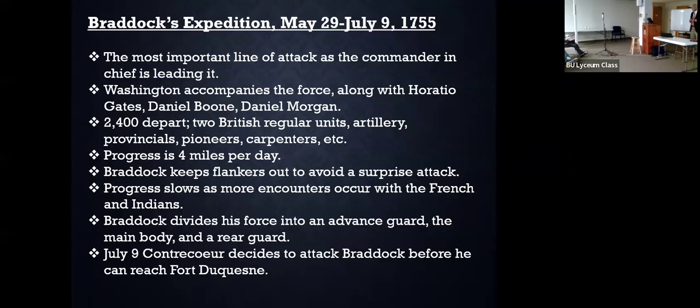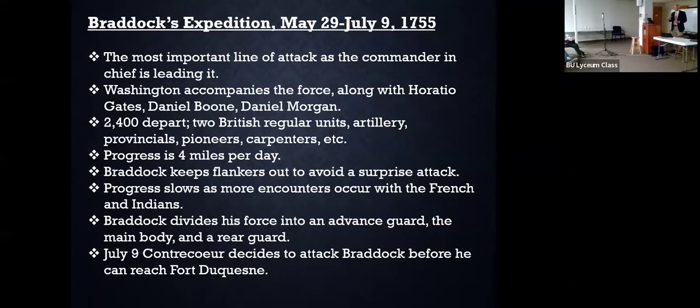The French commander at Fort Duquesne says, if I wait any longer, he'll set up a siege. And if he has the logistical support, which an experienced British commander almost certainly has, he can win this siege.